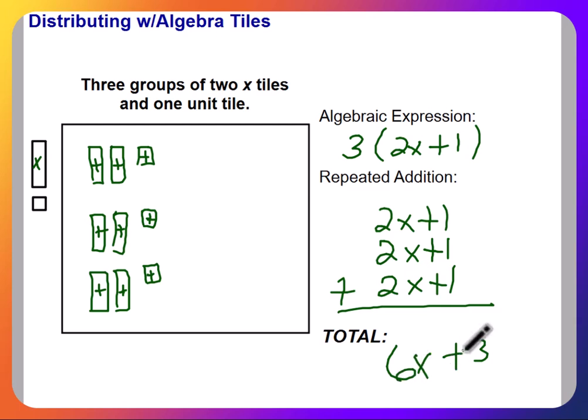So the total is 6x plus 3. Does that match your model? Well, if I go back over here, how many total X tiles do we have? 6 X tiles. How many unit tiles are there? 3 positives, so it matches. So we took this 3 and we distributed it to each term inside the parentheses, to each term in the group, to each part of the group.